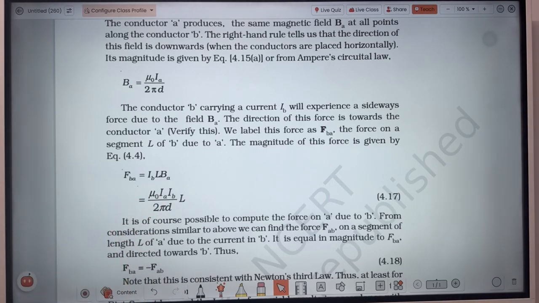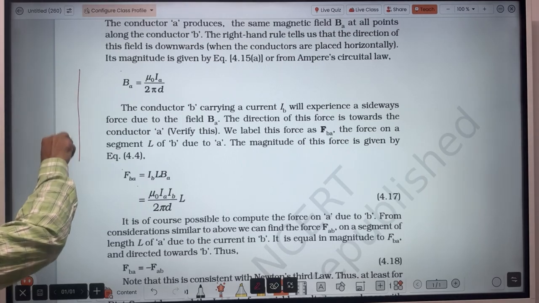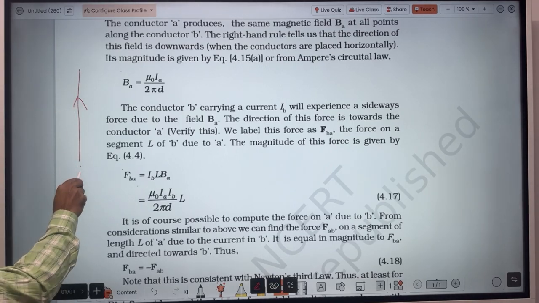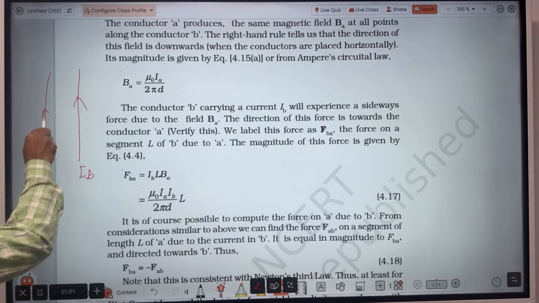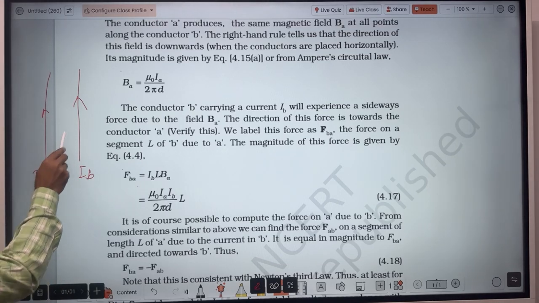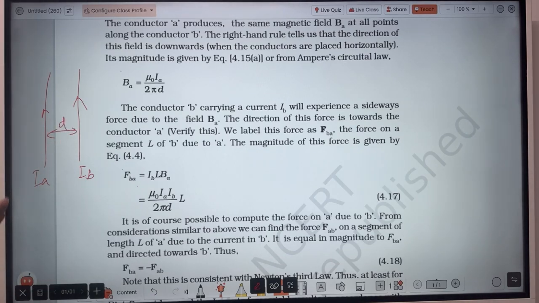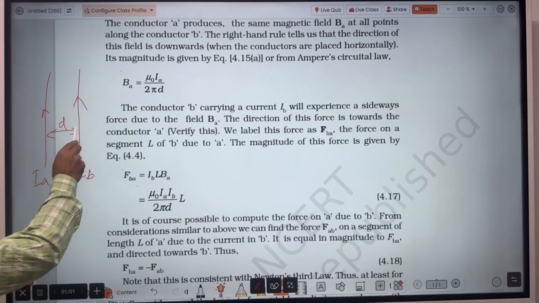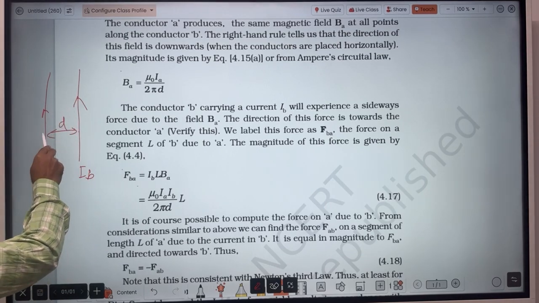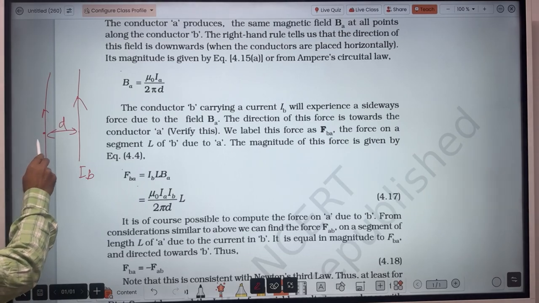Now, if we reverse the case, suppose this conductor carries current IB and this carries current IA, and the separation, as we have discussed, is D. Now we consider the reverse case. This is carrying current IB and giving a magnetic field at the site of the second wire.